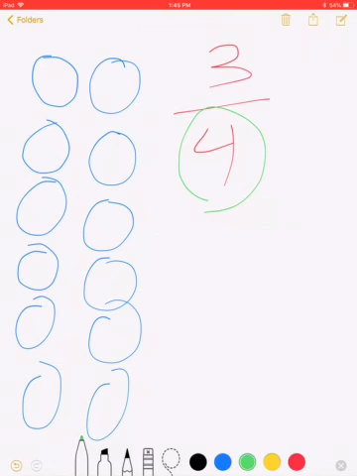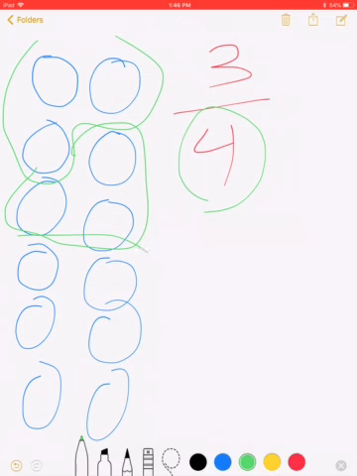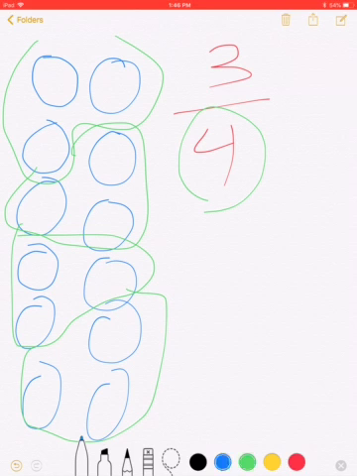So I'm going to shade it here. There's 1 group, 2 groups, 3 groups, and 4 groups. I have 4 groups in the green there, and I care about 3 of them. So I'm going to circle those.